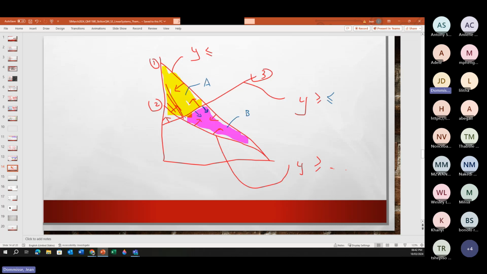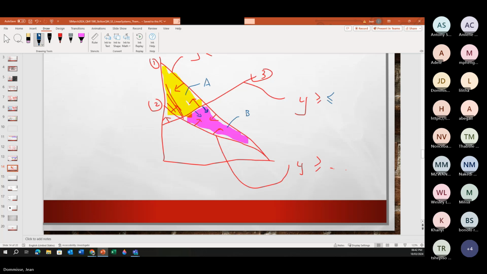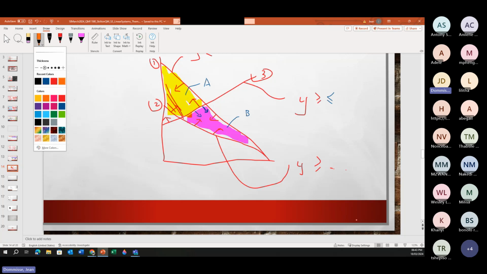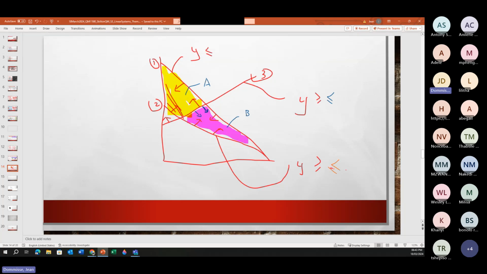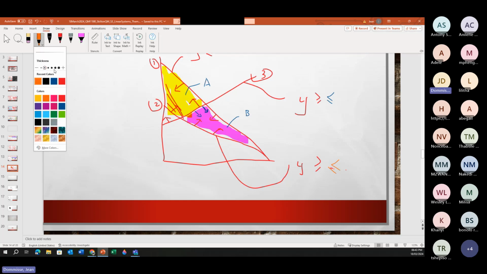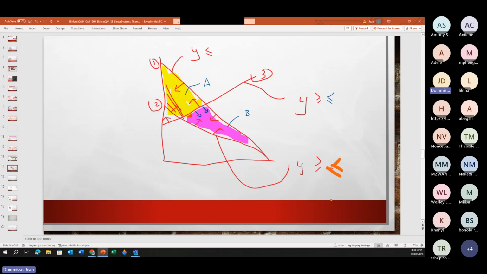We can look at another option. So if that was still like that, but this one was, and let's do another color, smaller or equal to, so the third one would have been smaller or equal to.